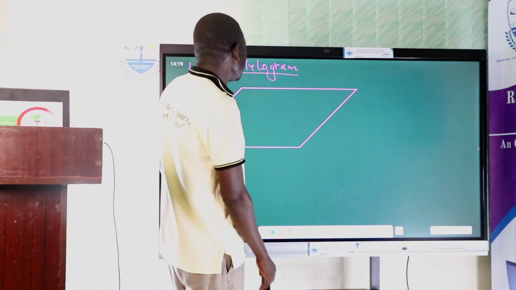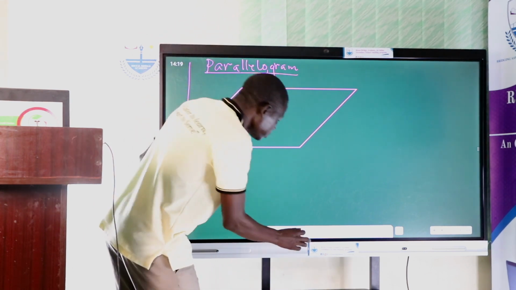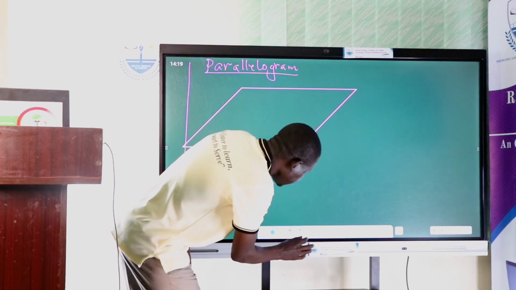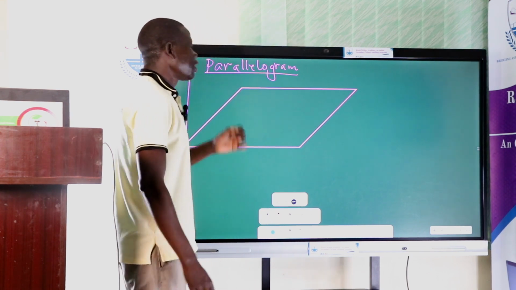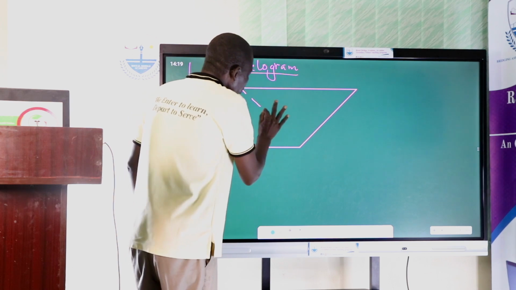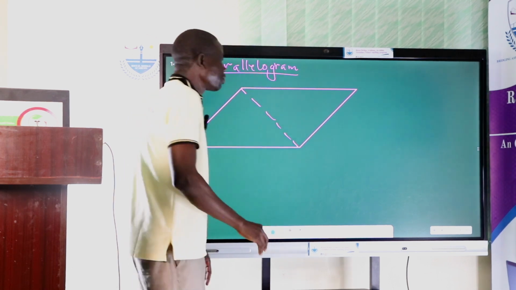So, to find the area of a parallelogram, we want to derive the formula. I will bisect this parallelogram into two. I divide it into two by drawing a diagonal.